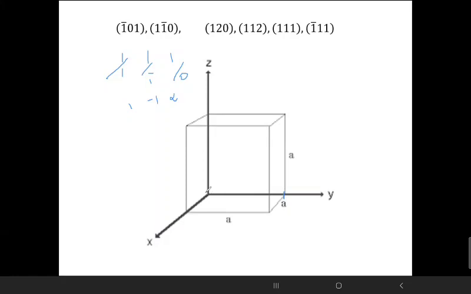So y is minus 1, x is plus 1, and z is infinity.